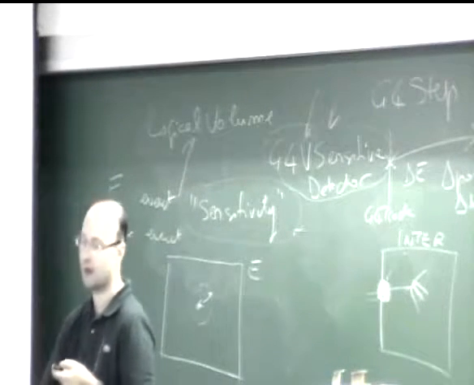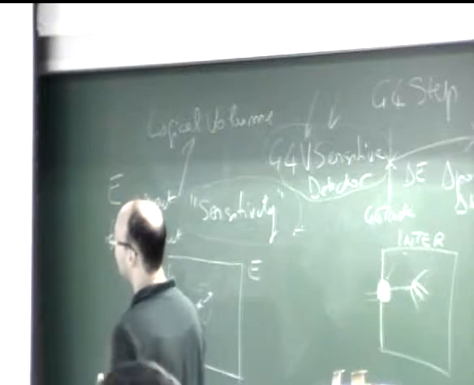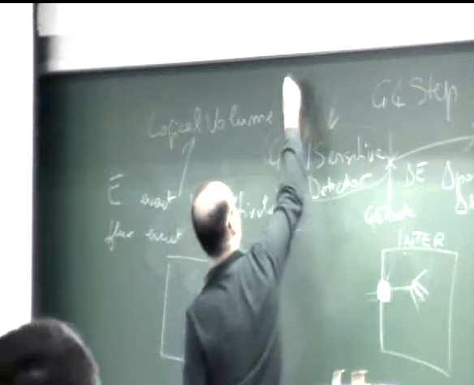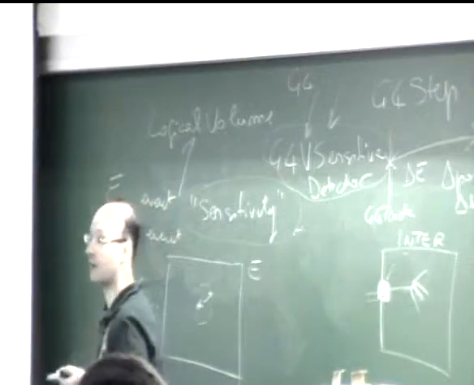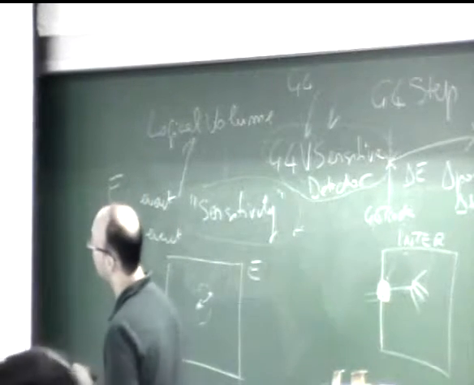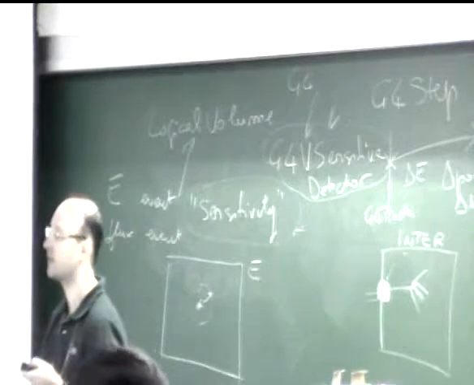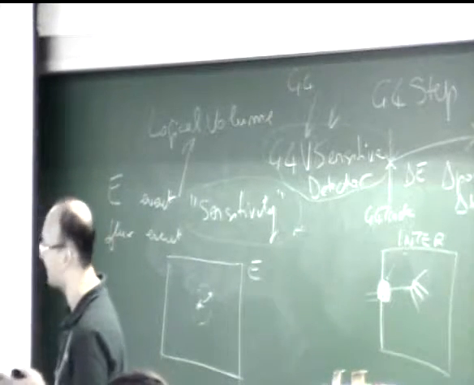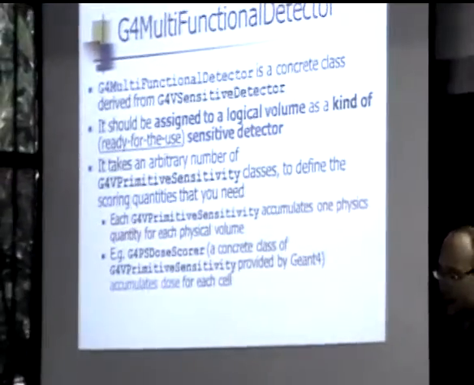What is used in this case is the so-called G4MultiFunctionalDetector, which is actually a derived class from G4VSensitiveDetector. So it's a concrete implementation of a sensitive detector, which you can attach to a logical volume. So this is a specific sensitivity. It's a kind of sensitivity that you can attach directly to the logical volume.